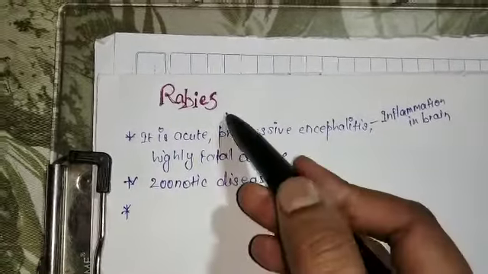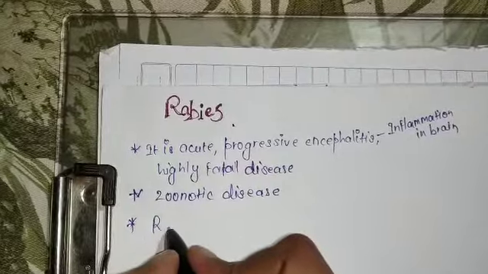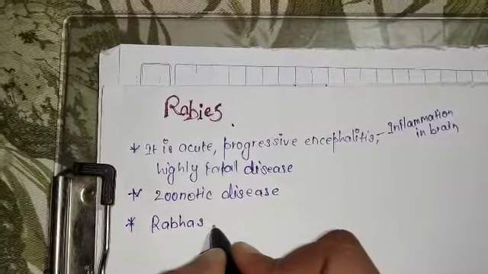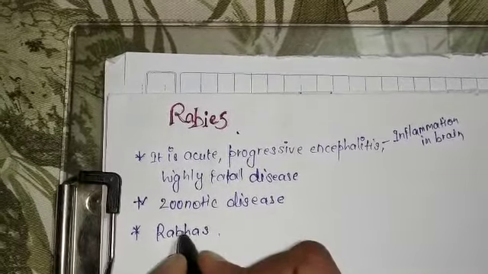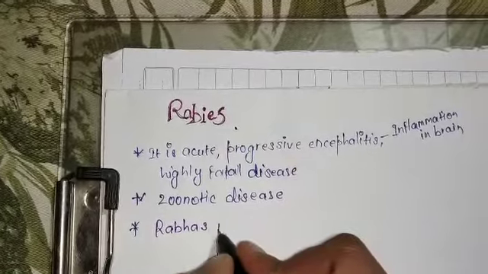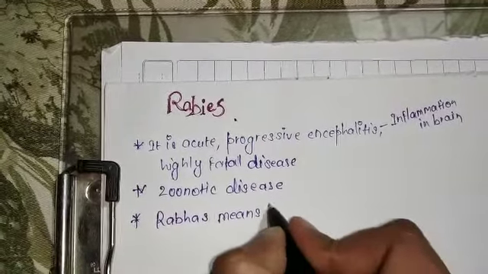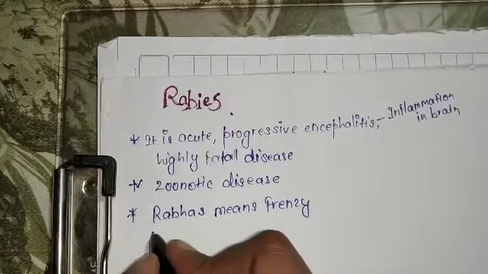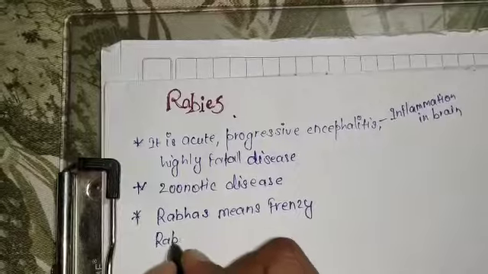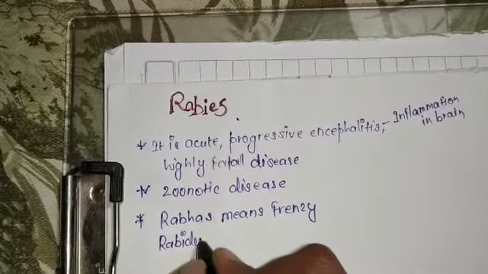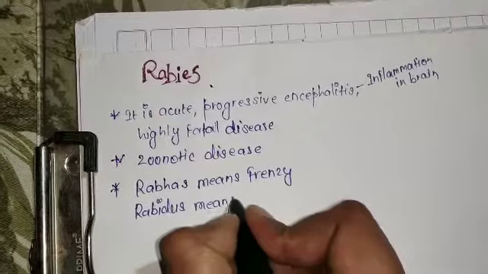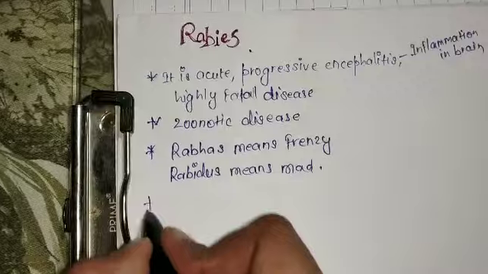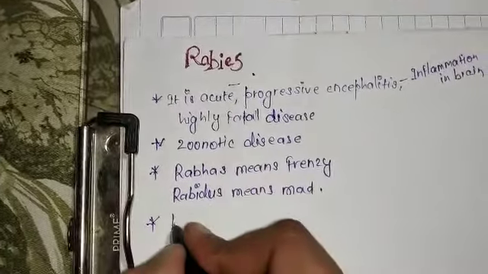This word rabies comes from a Latin word, rabas, which means frenzy. But some books also write the Latin word rabidus, which means mad. So rabies is also called hydrophobia.